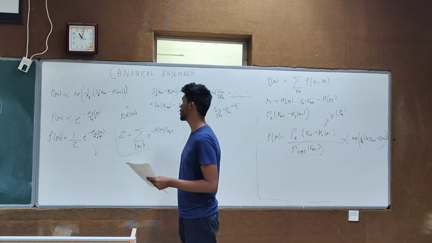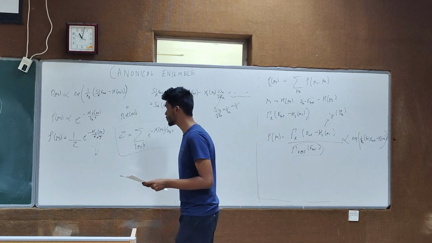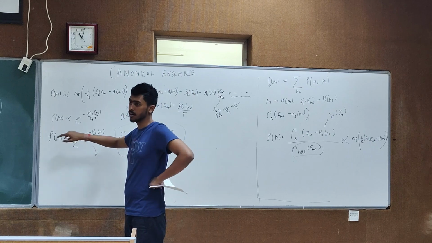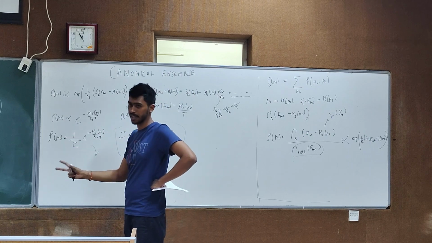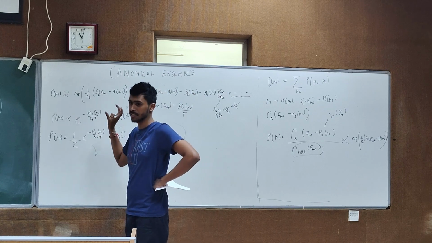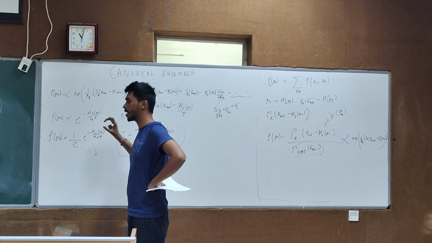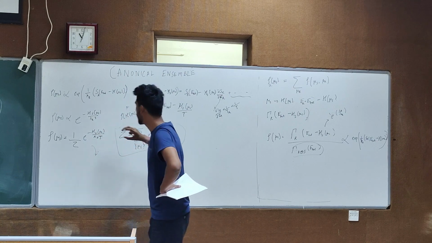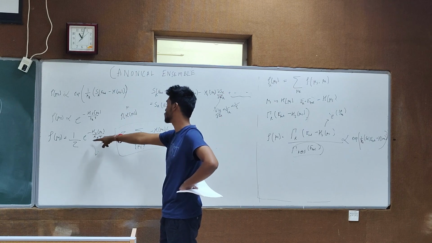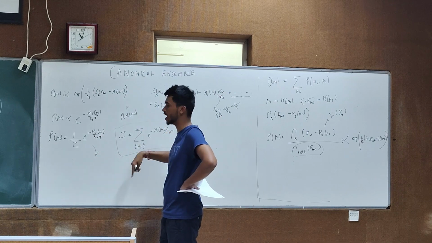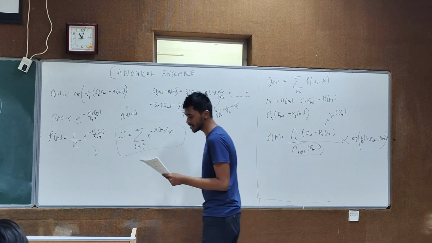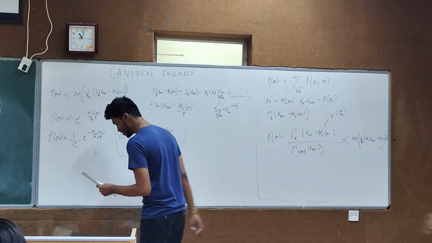You have to keep in mind that this is the probability of finding the system at a given microstate, not the probability of finding the system at a given energy E. There can be many microstates with the same energy E, and sometimes people get confused that it's e power minus E basically, and so the energy 0 is most probable.